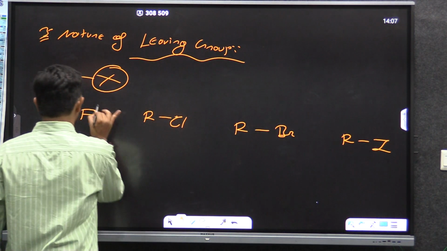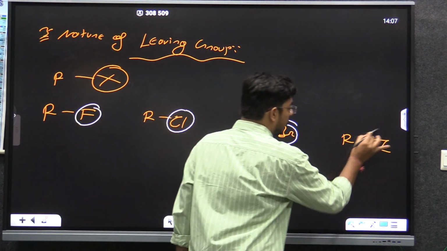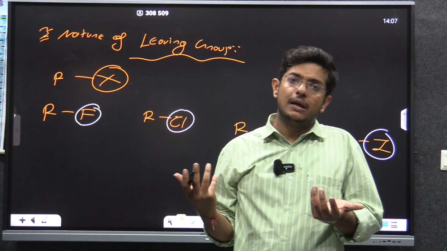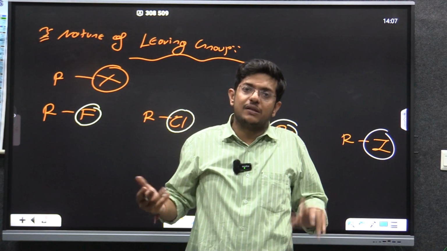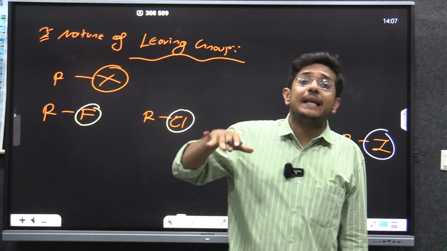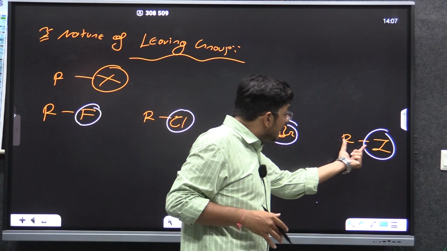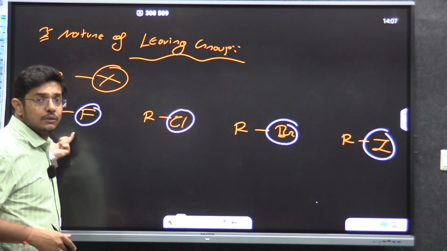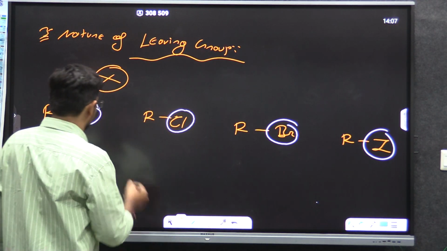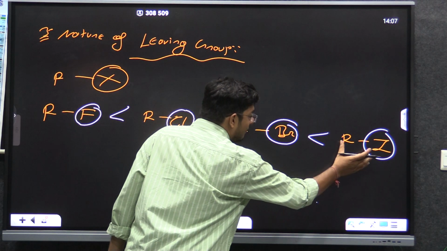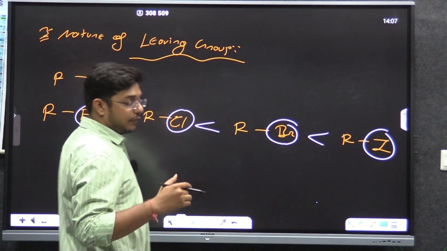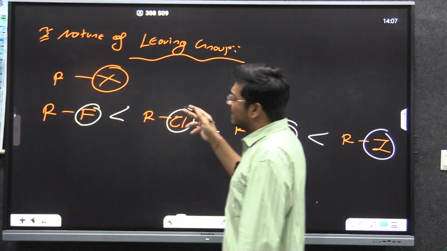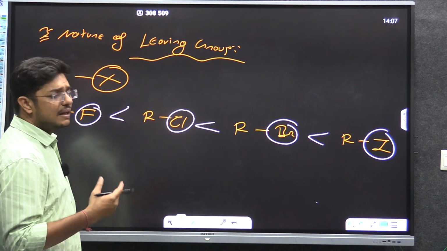It's very simple. While moving from top to bottom from fluorine to iodine, the bond length increases, and if the bond length increases, then the bond strength decreases. Hence, it is easy to break the R-I bond in comparison to the R-F bond. And if so, then R-I has the most nature to behave as a good leaving group. So this is the third factor, known as the nature of leaving group.